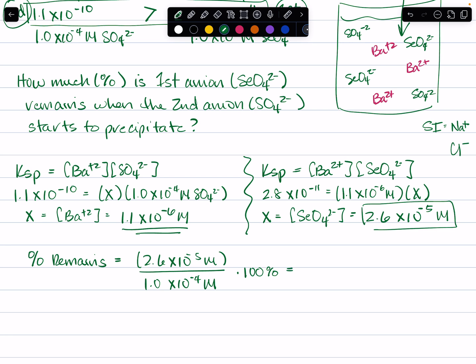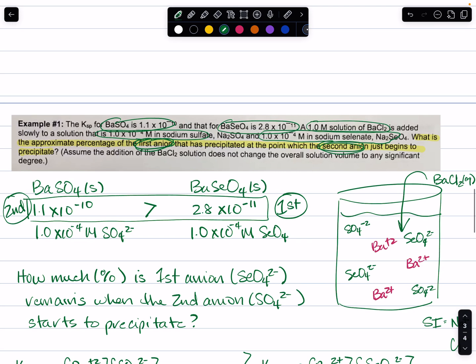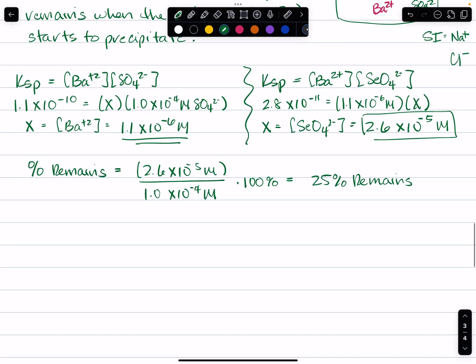We find that 25% of our original amount is still present for that selenate ion. But this particularly asks the approximate percentage that has precipitated, so we need to subtract that from 100. If 25% remains, then 75% has precipitated.